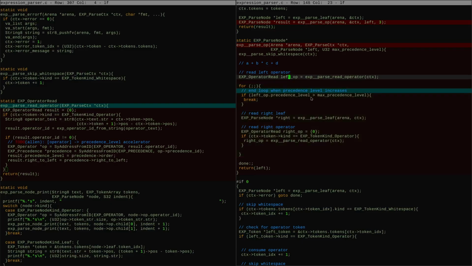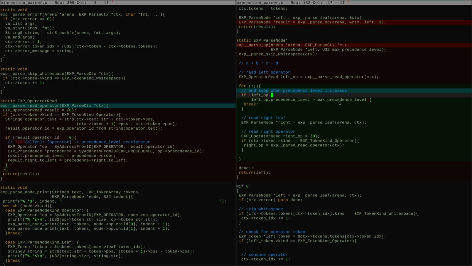You read this, if the precedence level has gone up, or if there's just no operator at all, then you break out of the loop. And then you get your right node, you get your right operator.